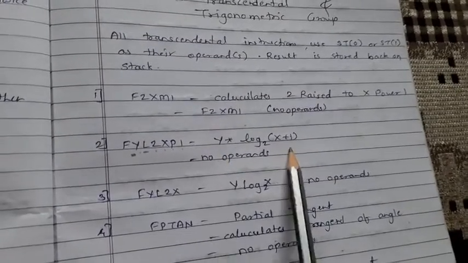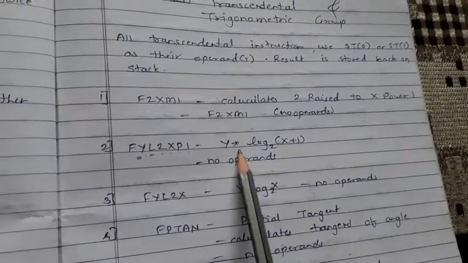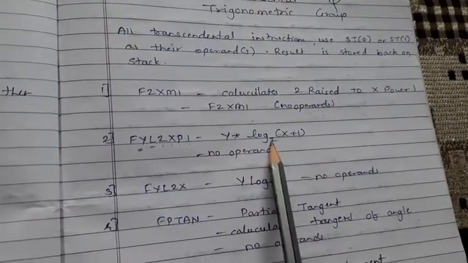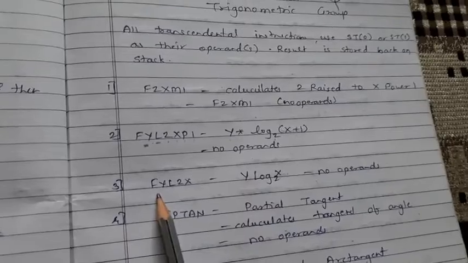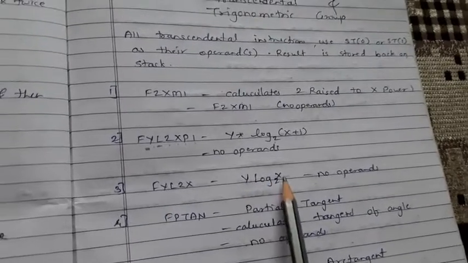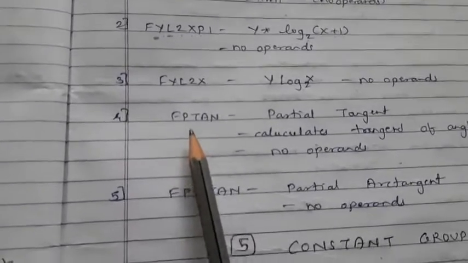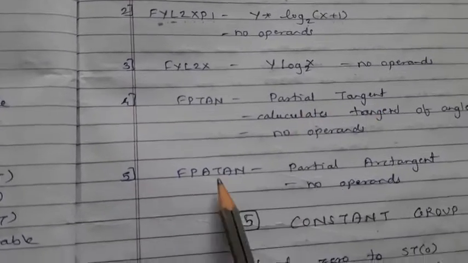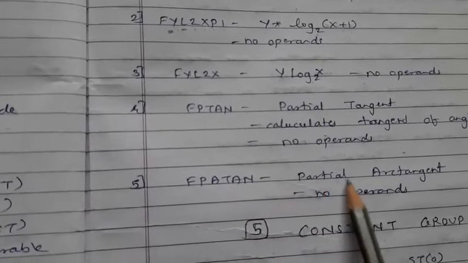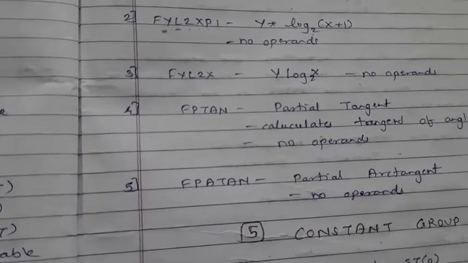So we can write the formula in this way: y into log of (x plus 1) to the base 2. Similarly we have fyl2x, that is y into log of x to the base 2. Next instruction we have is fptan, that is to calculate the partial tangent, and the next instruction we have is fpatan, that is to calculate the partial arc tangent.